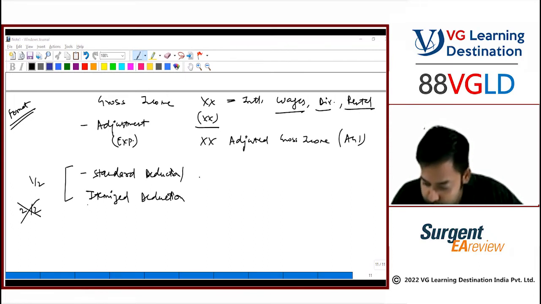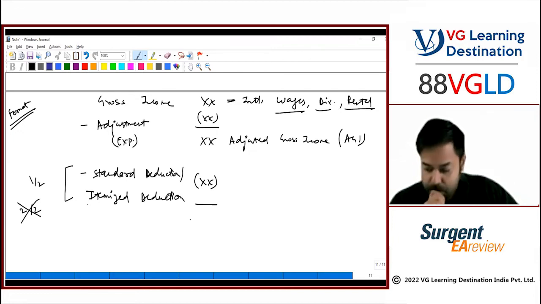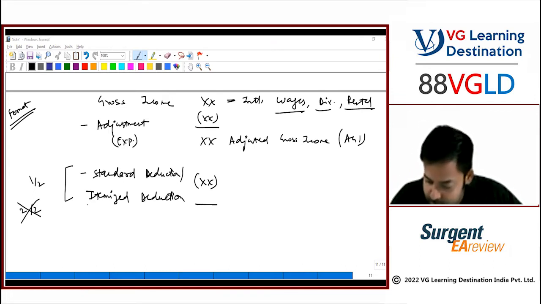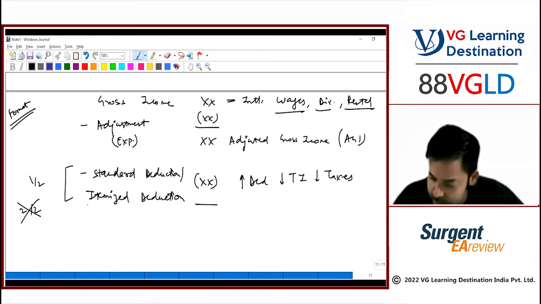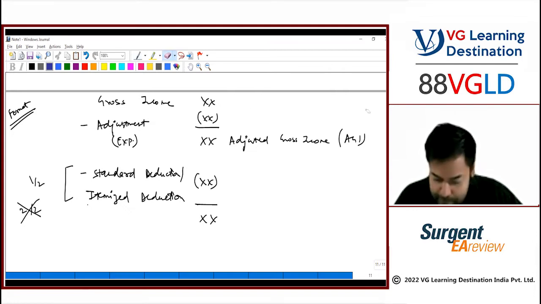Higher. Why higher, guys? Because a higher deduction means lower taxable income, and that means lower taxes. Absolutely. Good.